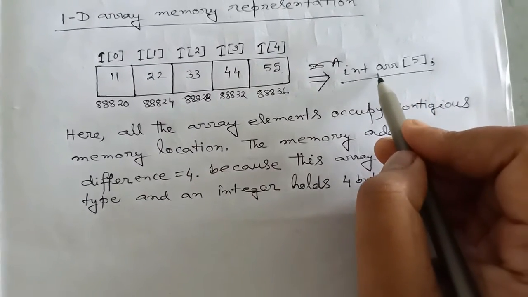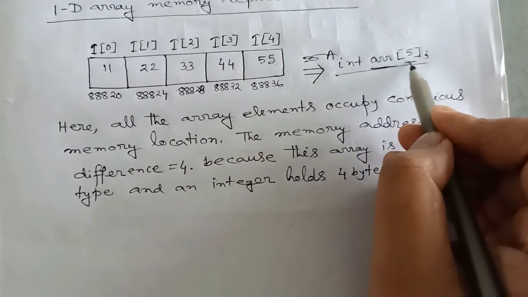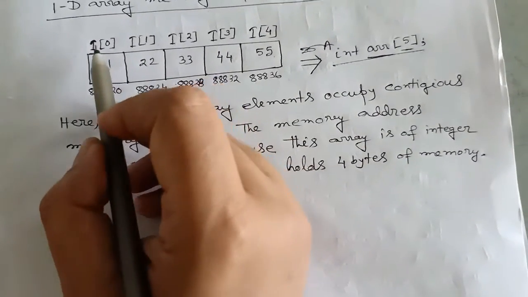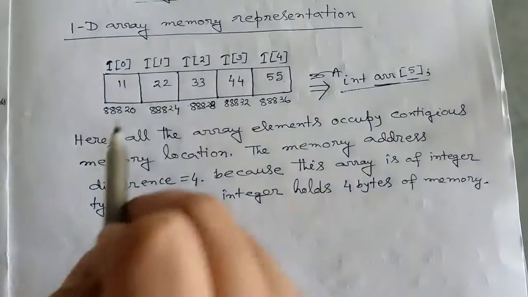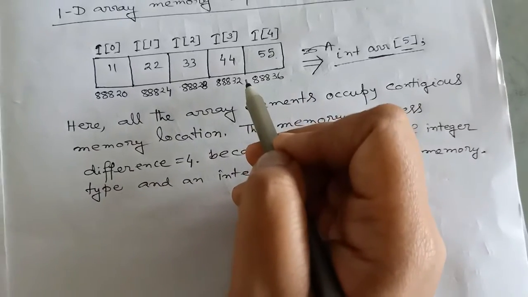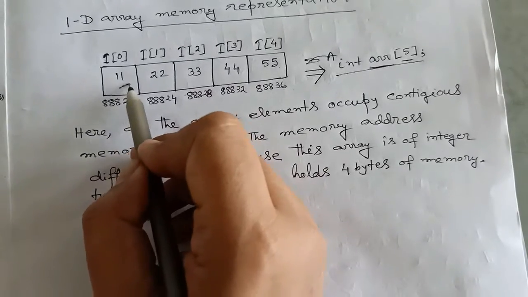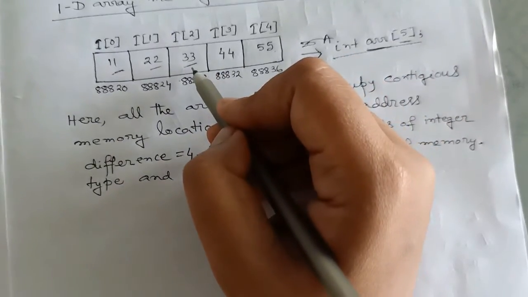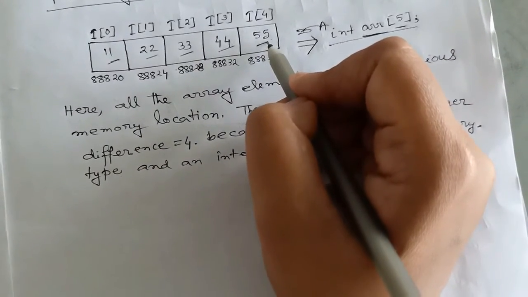That means this array contains 5 values, and how is it stored in memory? The index starts from 0, 1, 2, 3, 4. The last index is always one less than the number of values, because it starts from 0. So at the 0th position we put the value 11, at the 1st position 22, the 2nd position 33, the 3rd position 44, and the 4th position 55.